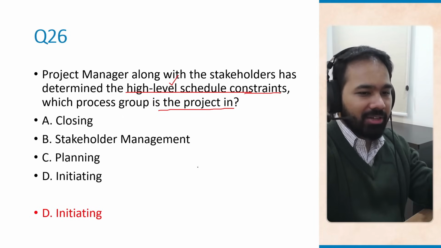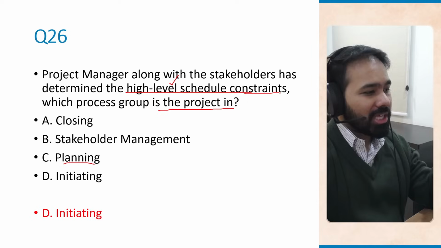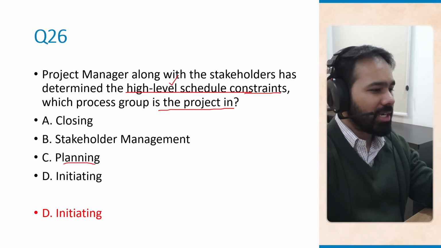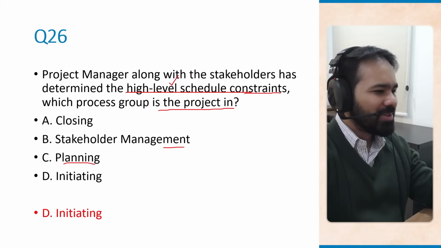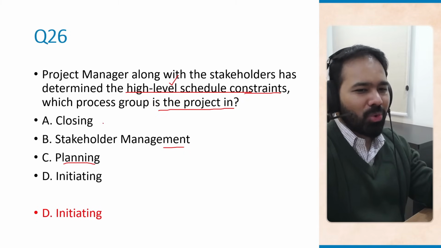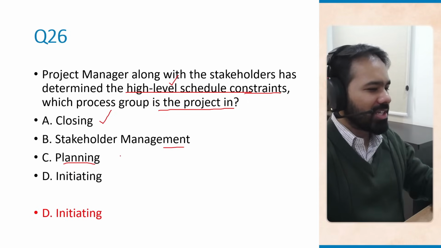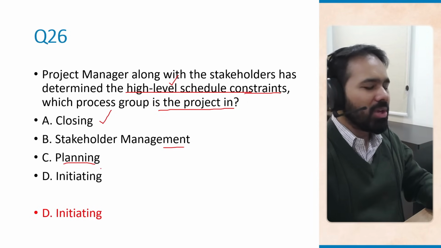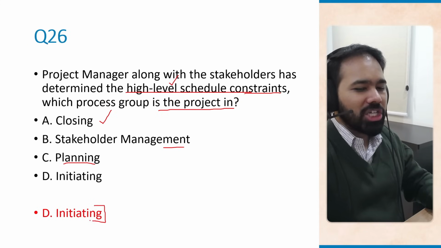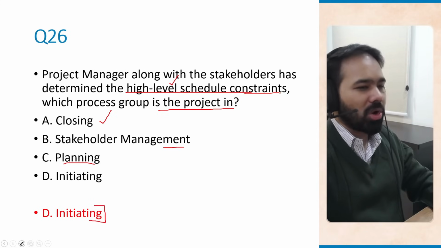Planning, option C, comes later once initiation is already done, and this is where detailed schedule development can happen. Stakeholder management is not a process group, and closing is what you do at the end of the project. So whenever you see high level constraints, high level scope, high level budget, high level schedule, you are talking about the initiating process group because all this high level information goes into your project charter.